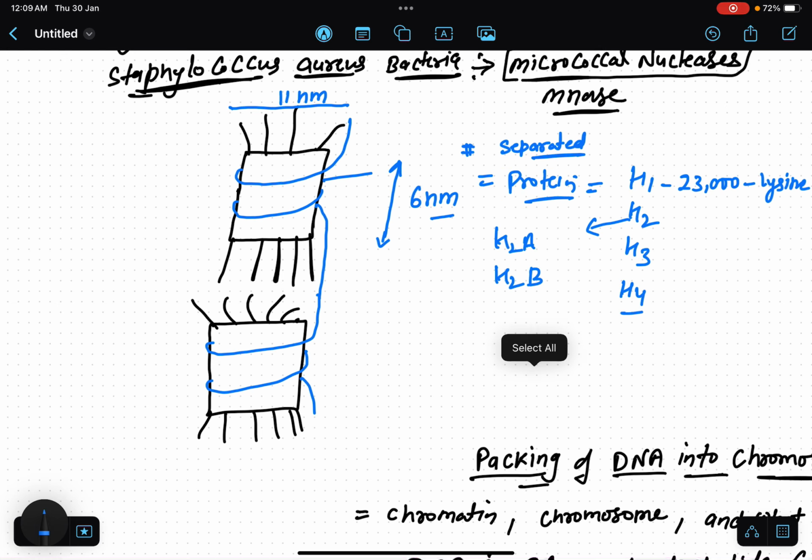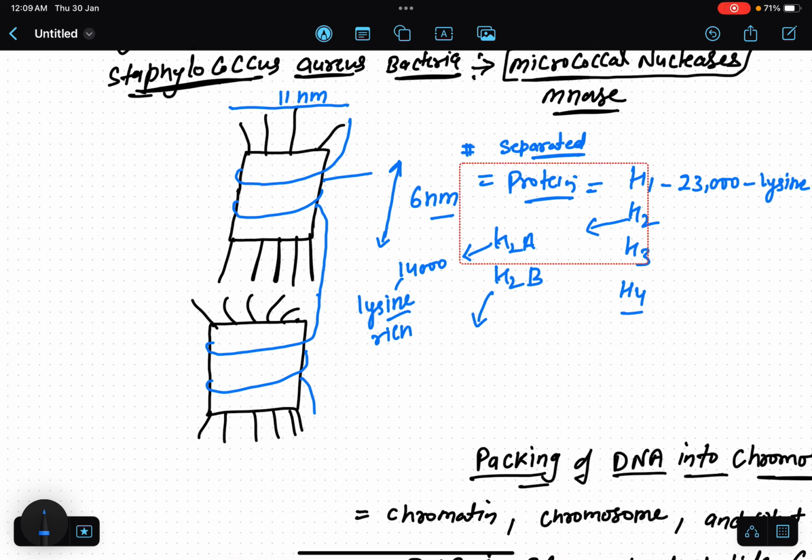H2A is 14,000 and also slightly lysine rich.